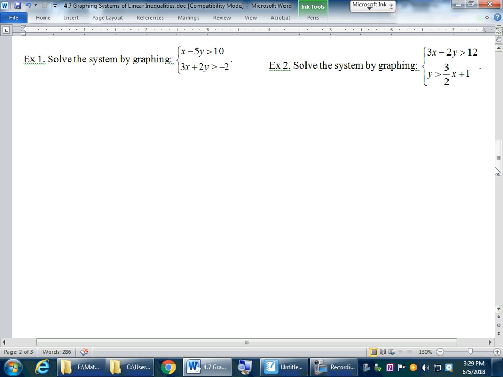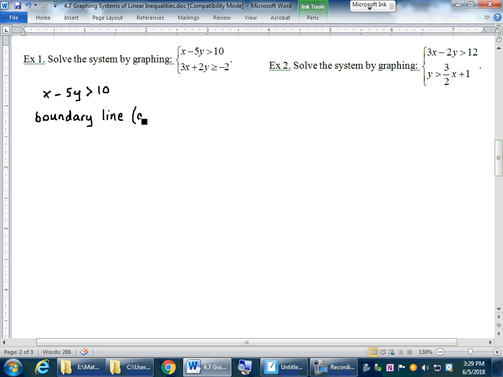To graph the boundary line for the first inequality, x minus 5y is greater than 10, first we want to draw the boundary line. This boundary line is dashed because the inequality symbol is what? Greater than.